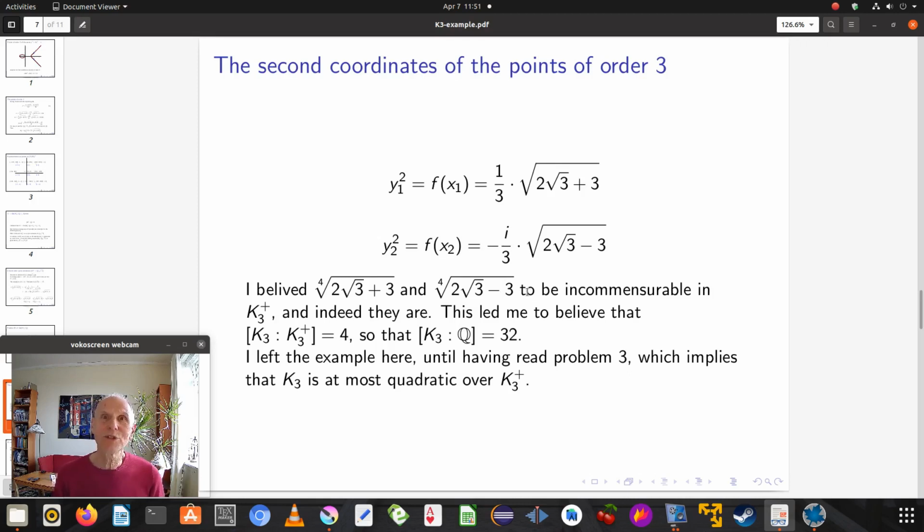That is actually true. But then later when I did it, I included the imaginary unit here. And then it suddenly turned out that they were indeed lying in the, or that this guy lay in K3 plus extended by this guy.